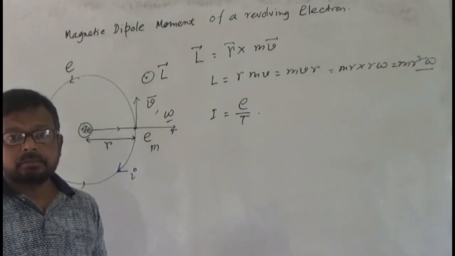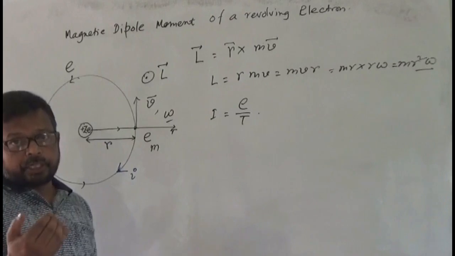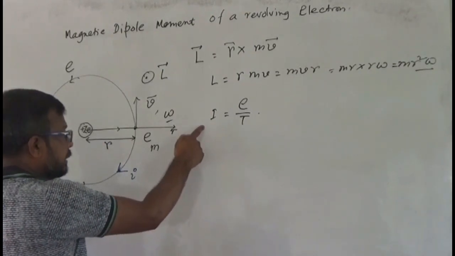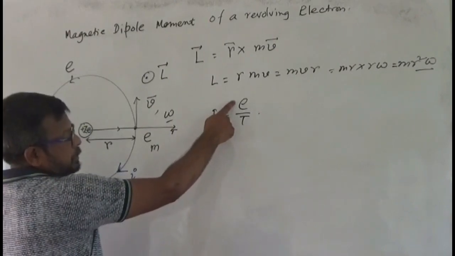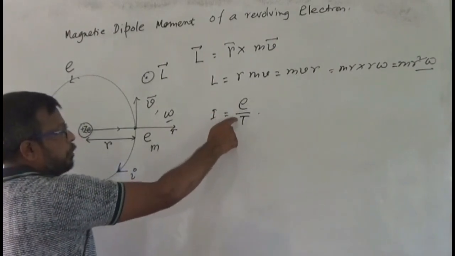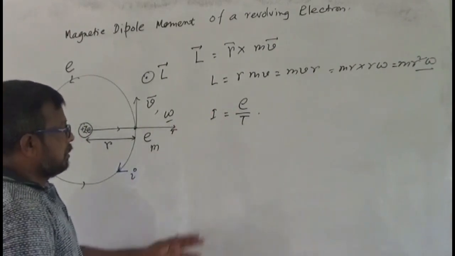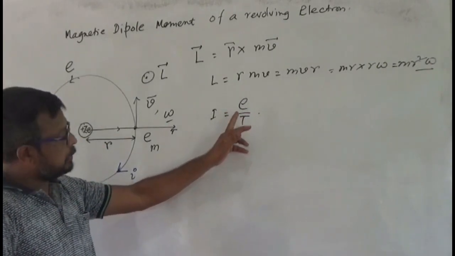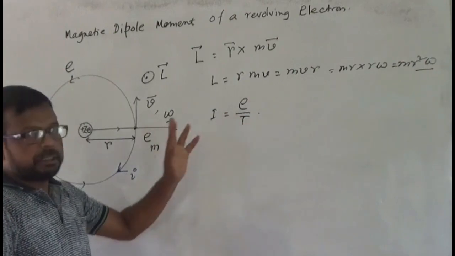We know that the amount of charge flowing through any cross section in unit time is called current. Therefore, in time T, charge e is flowing, so current I is equal to e by T.